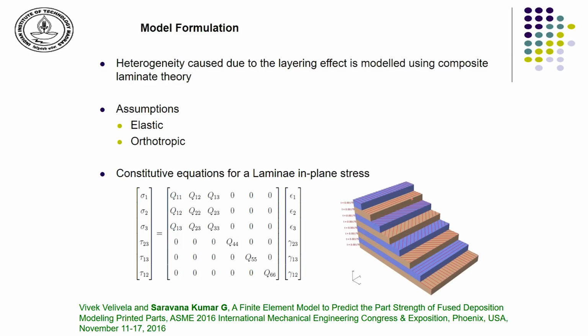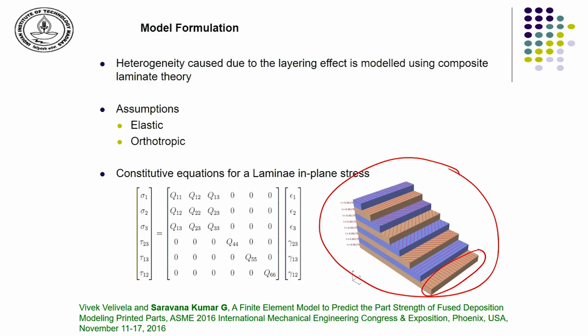I am showing one example work. There is a lot of work in this direction, and a lot of developments are happening. Here you see a model in a computational framework, where each of these layers is modeled along with layer specific properties, like the hatch pattern.